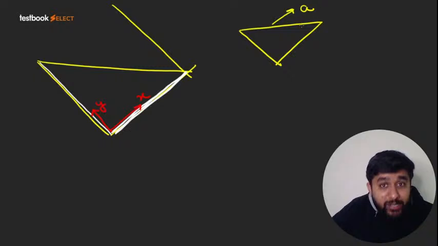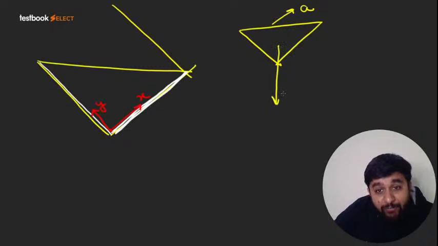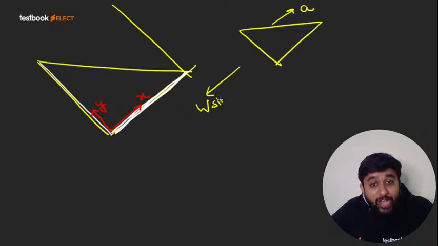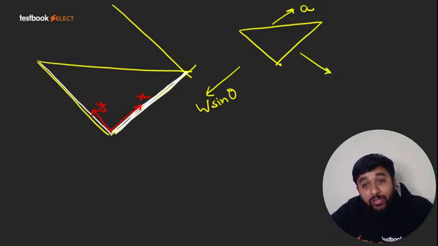There are two methods and I am telling you both. So the water element is moving along the x direction, that is along with the container. Now the water element will have its own weight. So weight will have two components: one is W sine theta and the other one is W cos theta.